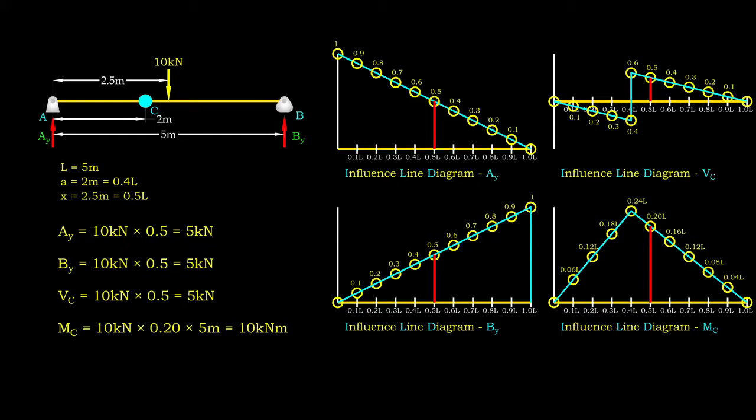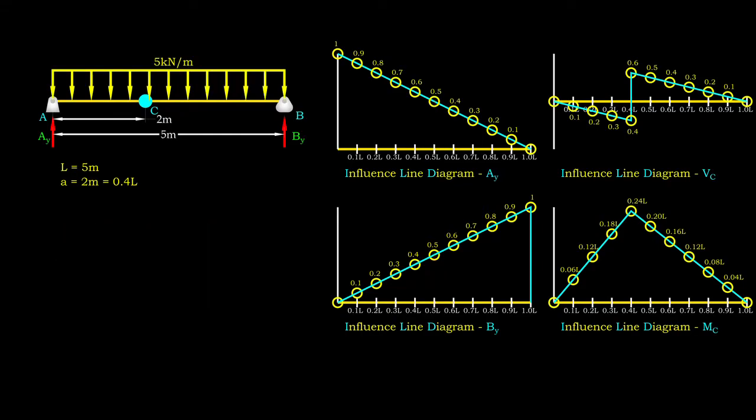As a result, the shear force and bending moment are 5 kN and 10 kN-meter respectively. The same approach is applicable to determine the reactions Ay and By, which use 5 kN for both.